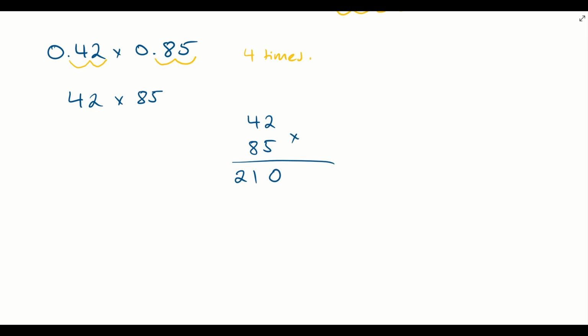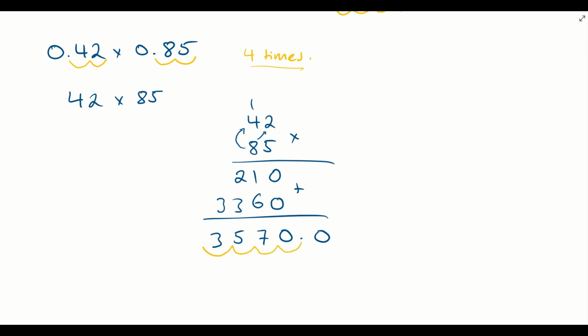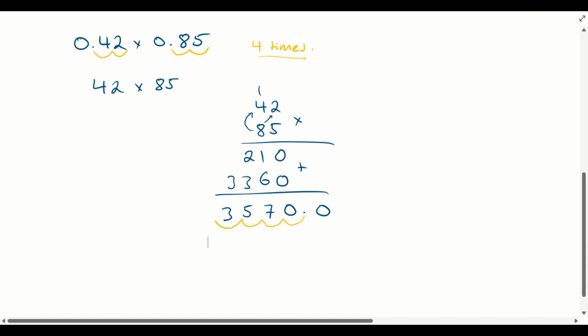Before we deal with the 8, we put our 0 here. 8 times 2 gives us 16, and we carry the 1. 8 times 4 gives us 32, plus 1 for 33. Add these numbers up, 0, 7, 5, 3. And where do we have to move our decimal point? We have to move it back 4 times. So 1, 2, 3, 4 times, and our answer becomes 0.3570.